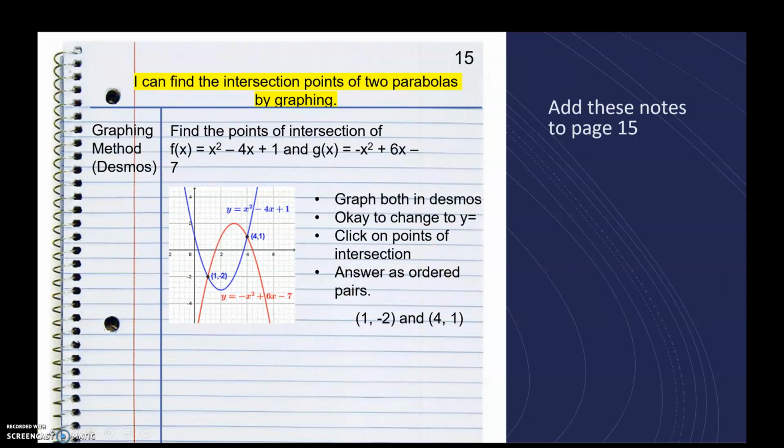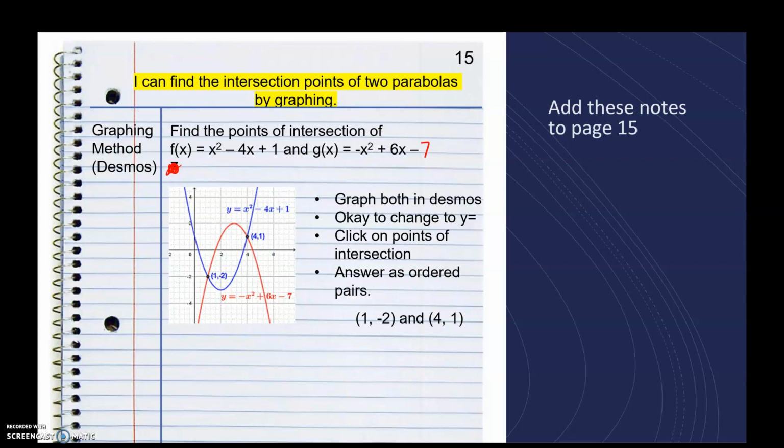Now, how would you end up getting the intersection of two parabolas? By graphing. You can draw these by hand, but the graphing calculator is the best way to go with this. Go into your Desmos, type these equations in exactly as they are. This thing just didn't format well, so that'll help clean that up a little bit.